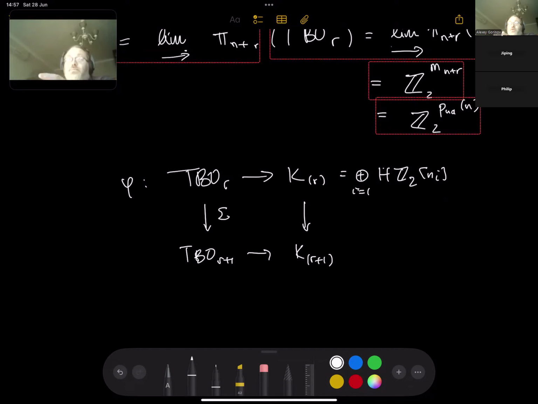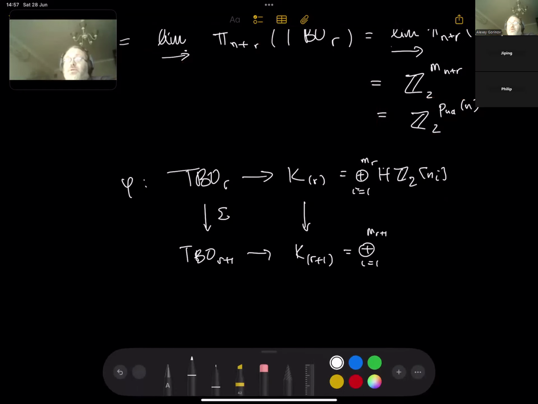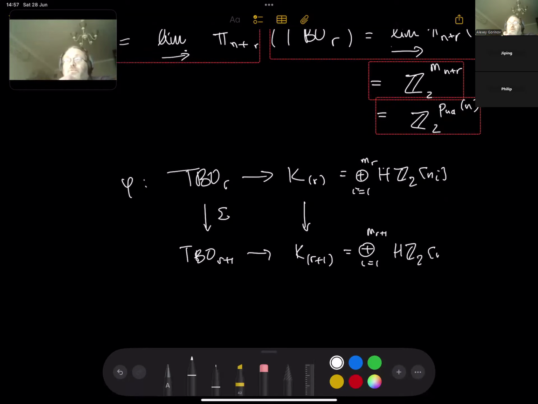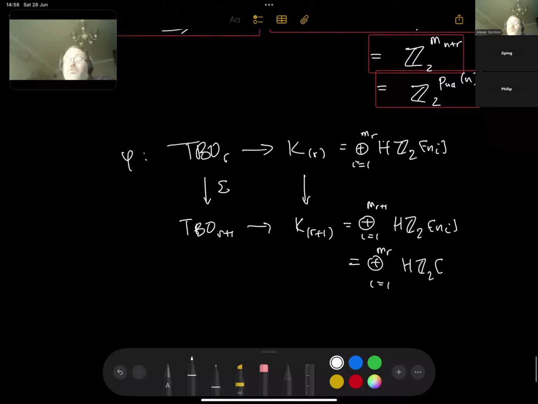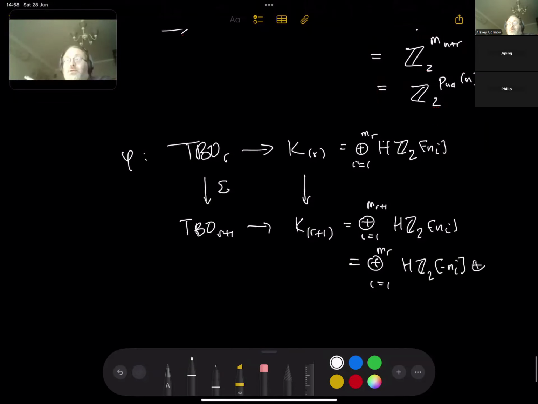As for the previous generators, nothing changes. They remain the same. So we just add some new copies of H Z by 2, and we get a better approximation to MO.